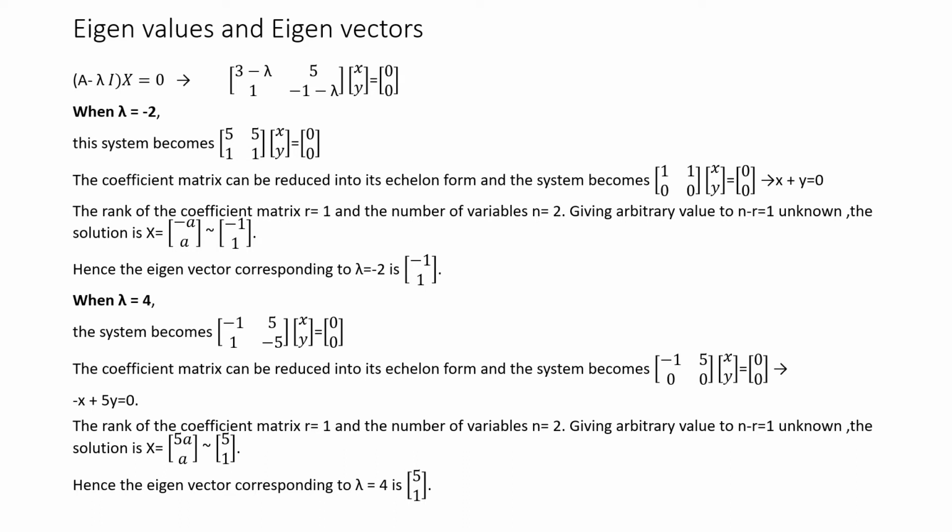The rank of the coefficient matrix is 1 and the number of variables is 2. Again, n minus r equals 1, and giving an arbitrary value to one unknown and choosing it as y equals a, the solution becomes x equals 5a, which is equivalent to the vector 5, 1. Any constant multiple of this vector is an eigenvector corresponding to lambda equals 4. So the eigenvector corresponding to lambda equals 4 is 5, 1.